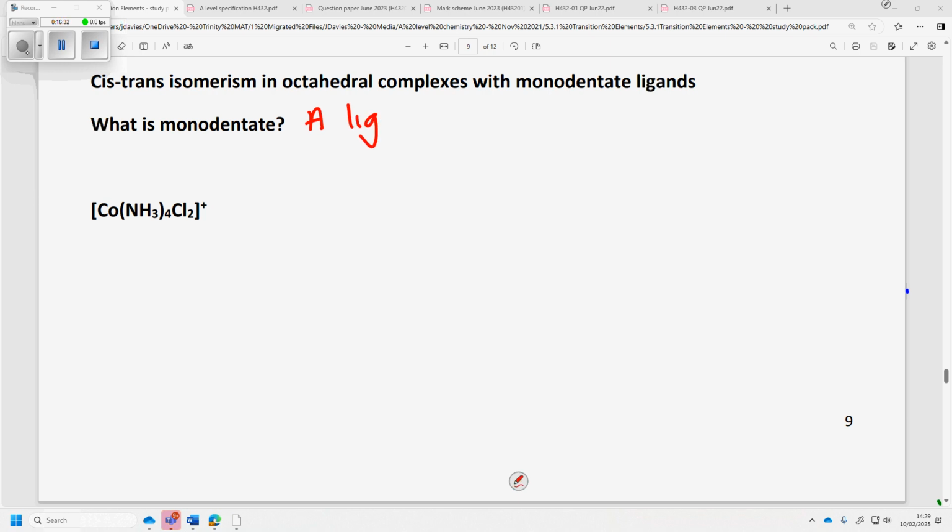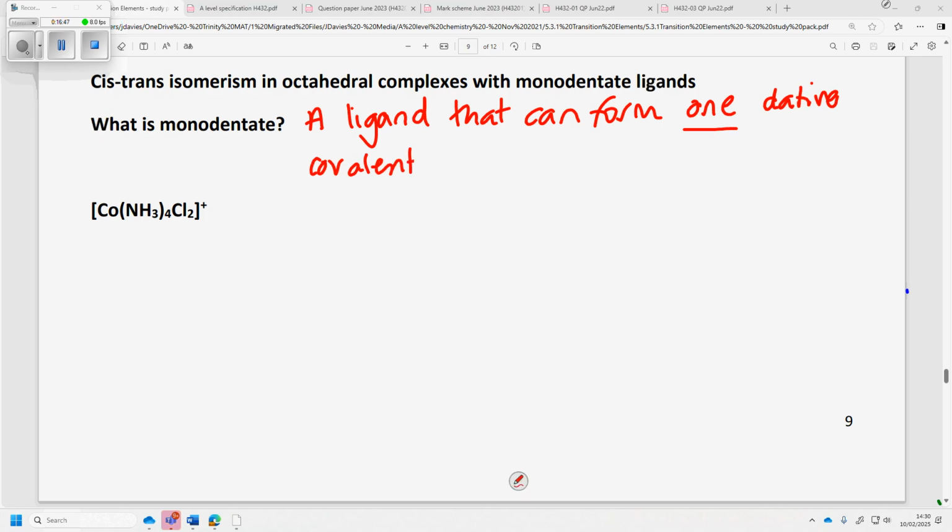Monodentate is a ligand that can form one dative covalent bond to a central metal ion. So monodentate is a ligand that is able to donate one pair of electrons to that central metal ion in the transition metal complex.